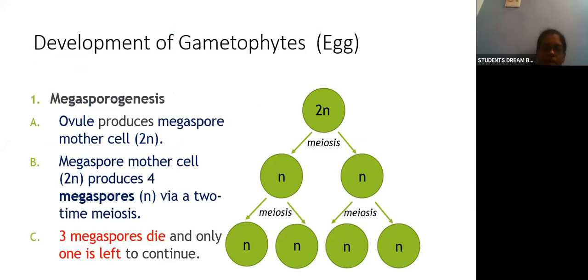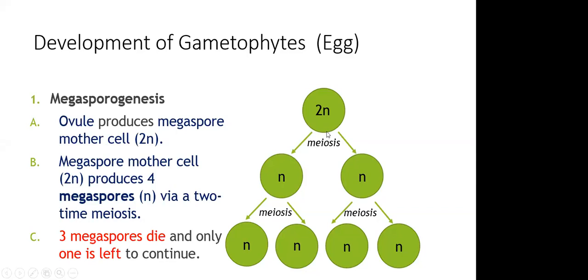First we'll see the development of the gametophytes, starting with megasporogenesis. Mega denotes the egg, whereas micro refers to the male reproductive structure, the pollen grains. In megasporogenesis, the ovule will produce megaspore mother cells, which are diploid, 2n. This will undergo meiosis.